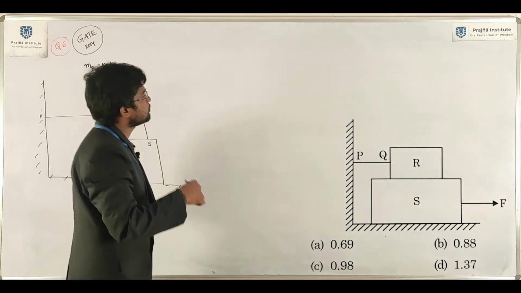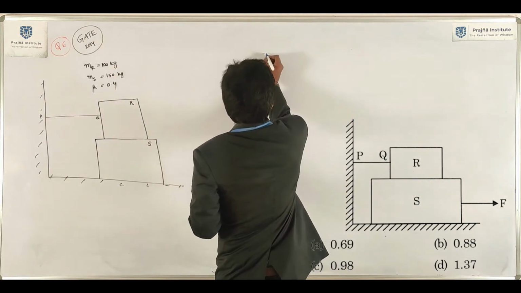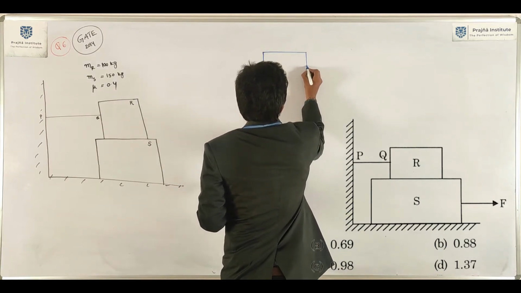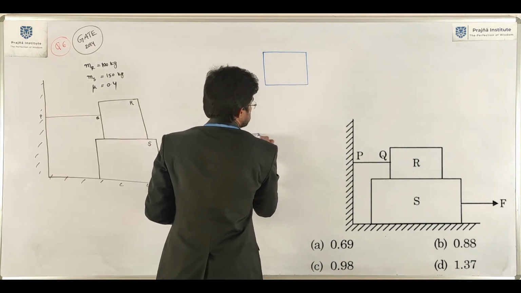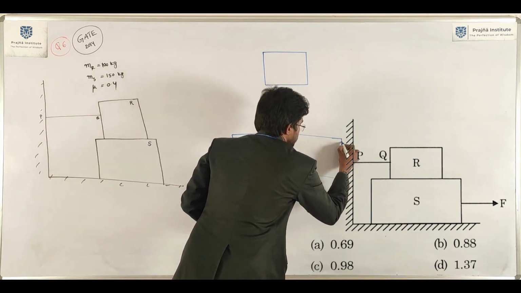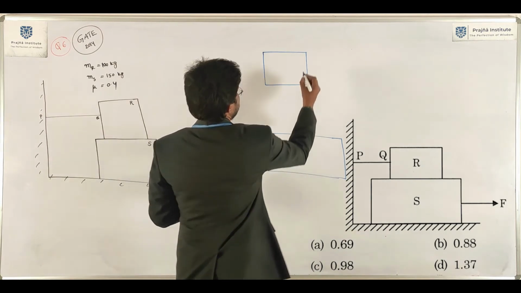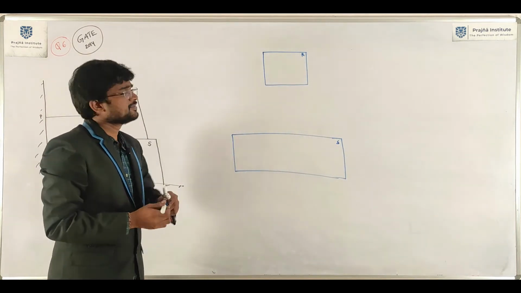Now we need to draw free body diagram for the block R and S. Just draw, it is R, here it is S. What is our statement?